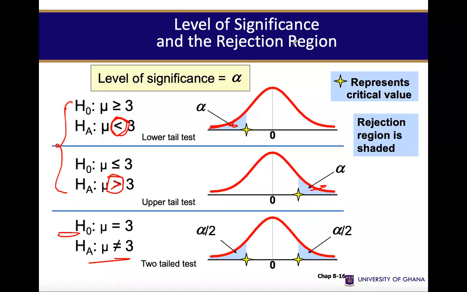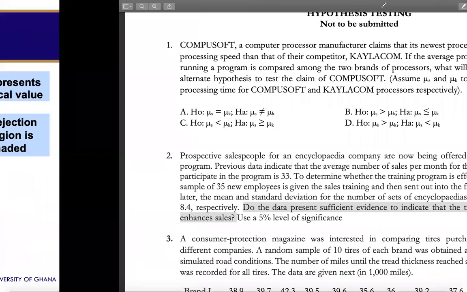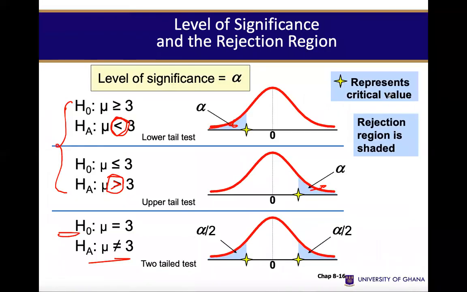Okay. In the two-tailed case, we are looking at a non-directional situation. Like in the packaging question that we had, we found the situation as to whether the packaging was done right or wasn't done right, and we're interested in whether it was more than 5 or less than 5.